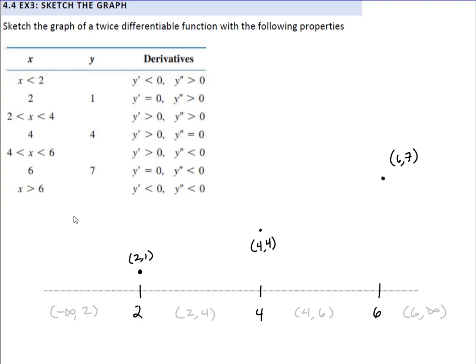So first of all, if we think about x being less than 2, that's this region over here on the left of 2. We know that the first derivative is less than 0, which lets me know it is decreasing. And the second derivative is positive, so it's decreasing, and then positive second derivative means concave up.